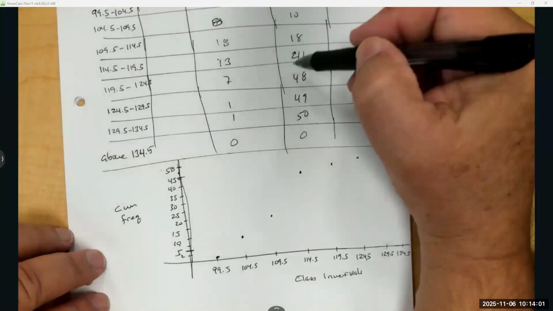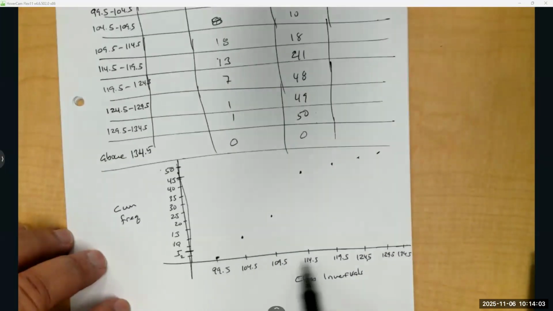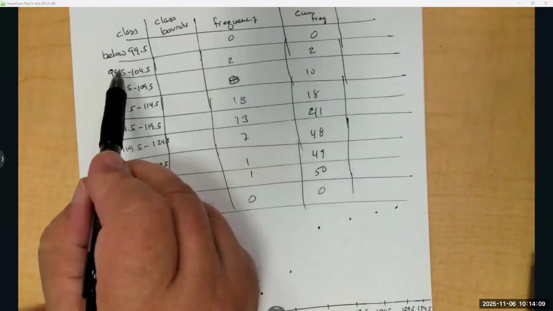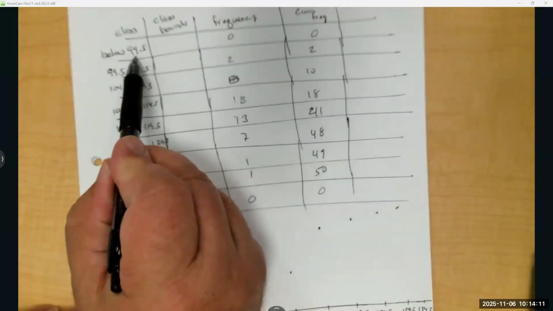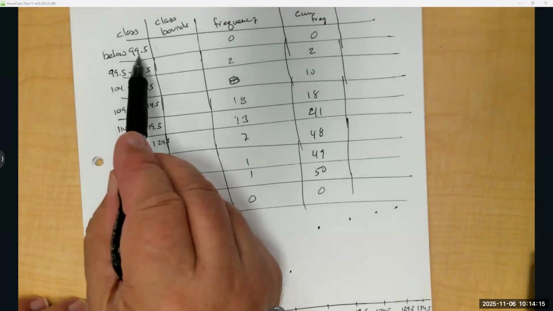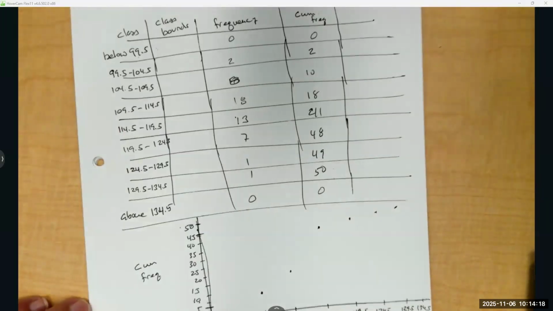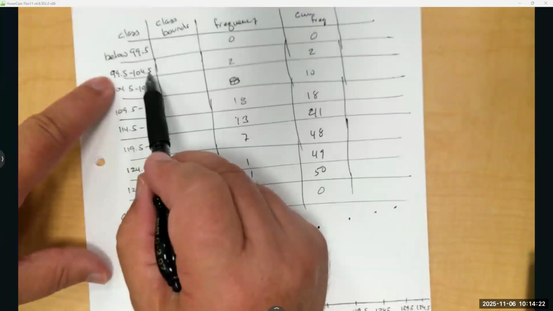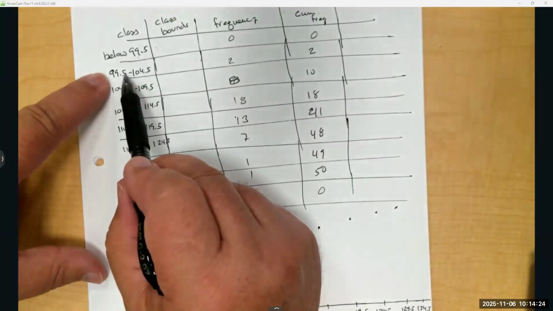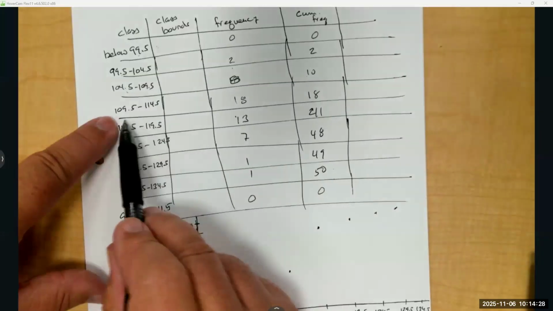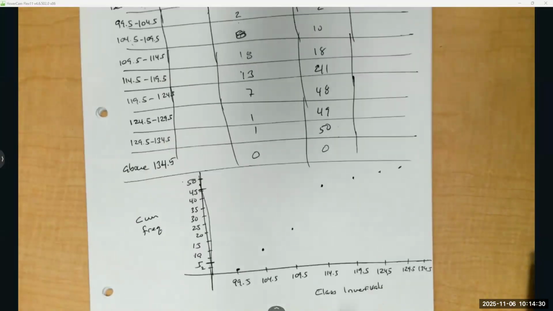Because you're putting these numbers in reference to the beginning points. Because remember, this is a cumulative frequency. How many numbers are below 99.5? 0. How about less than 104? For less than 99.5 is 2, less than 104 is now 10, and so on and so forth. It's a running total.